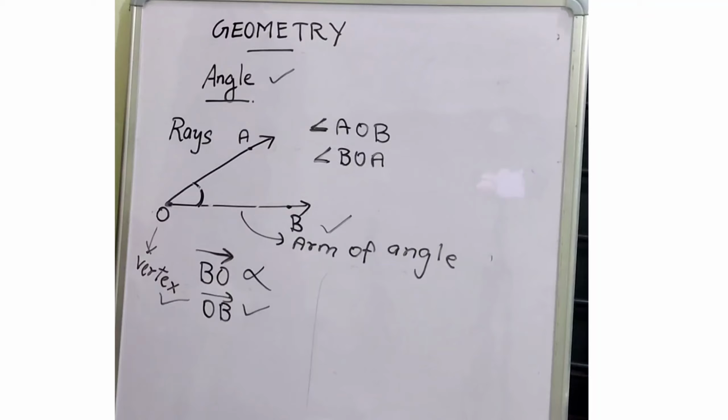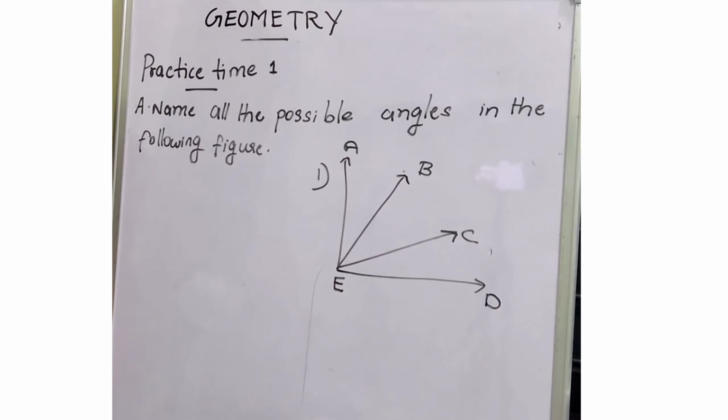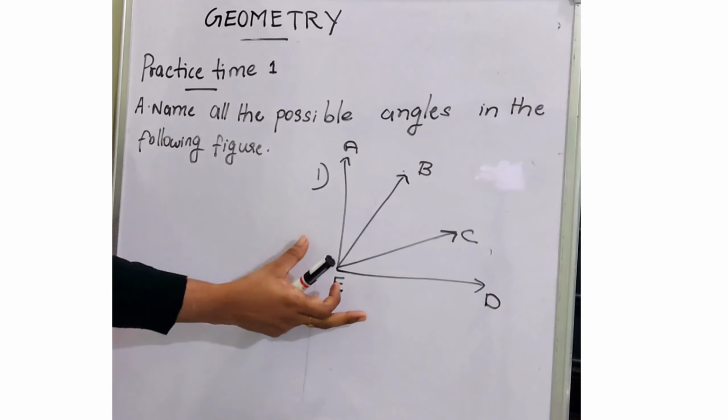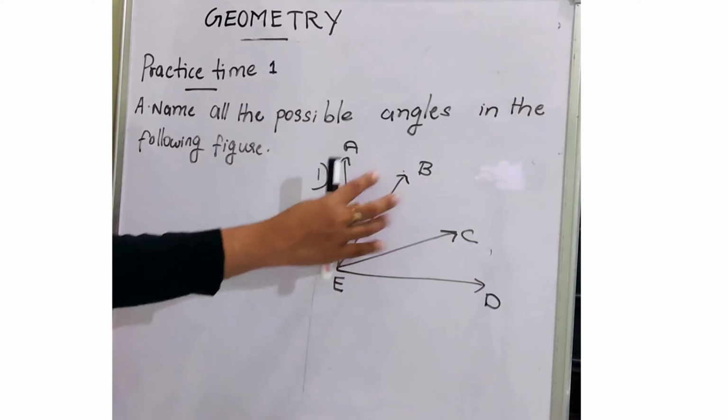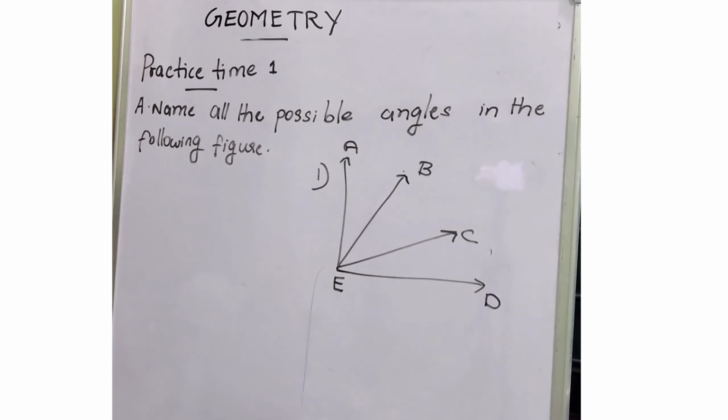Now let's see how you can find some angles. Let's take one example and see how you can name the angles. I am taking an example from Practice Time 1, question A. Name all the possible angles in the following figure. You are given a figure and you have to name all the angles present in it.